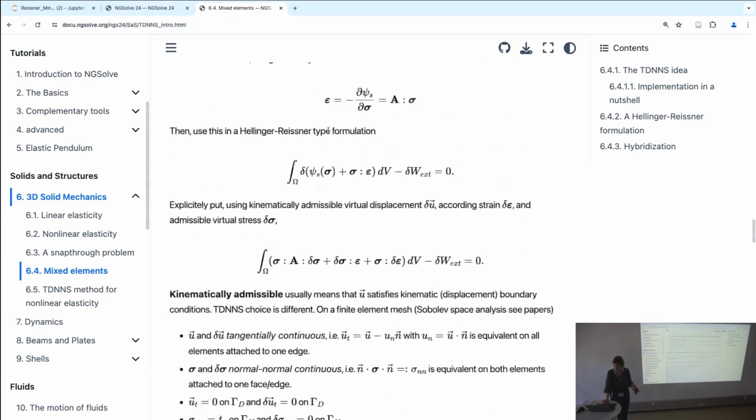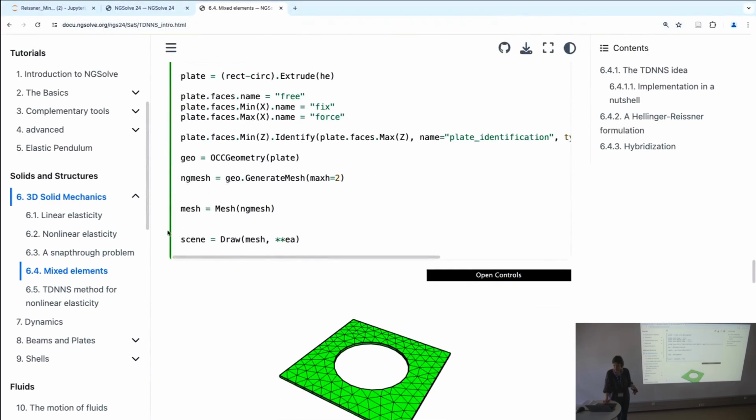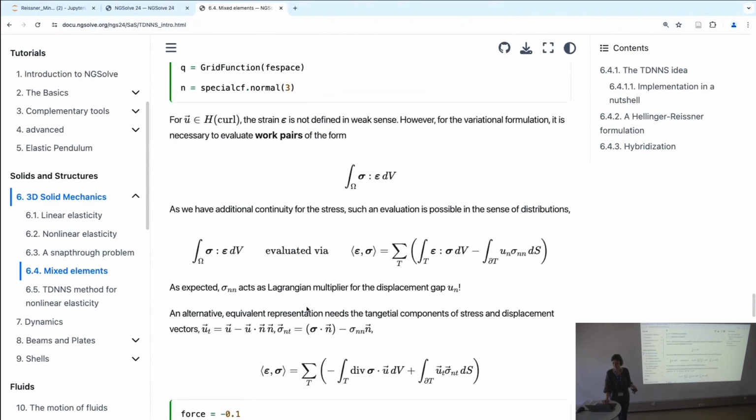And you can show somewhere below. Didn't I put, okay, here. You can show that you can replace this work integral, stress times strain, by something, stress times strain on each element, and the normal stresses that are degrees of freedom acting on the normal gap that is opening up as a Lagrangian multiplier.